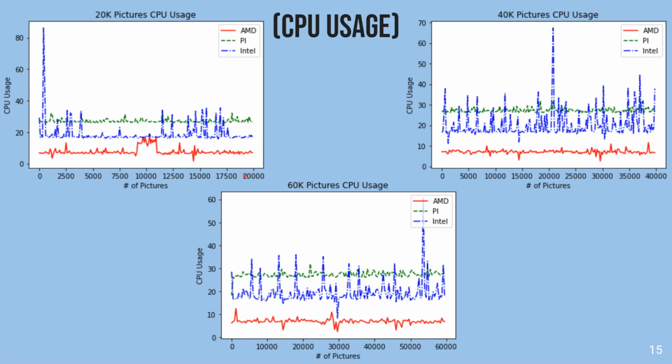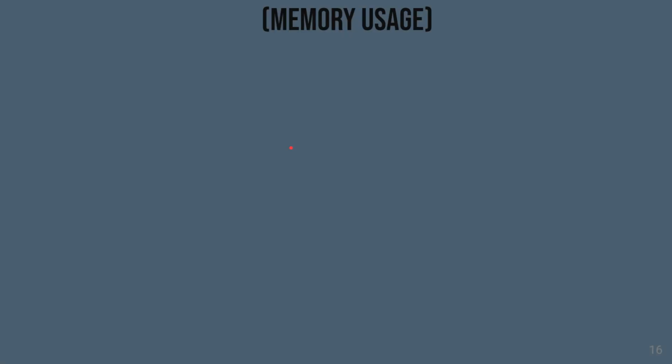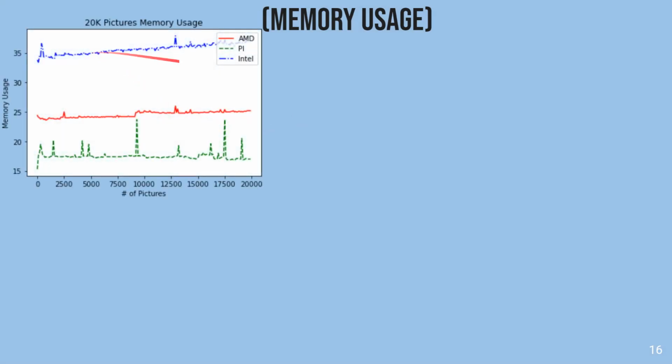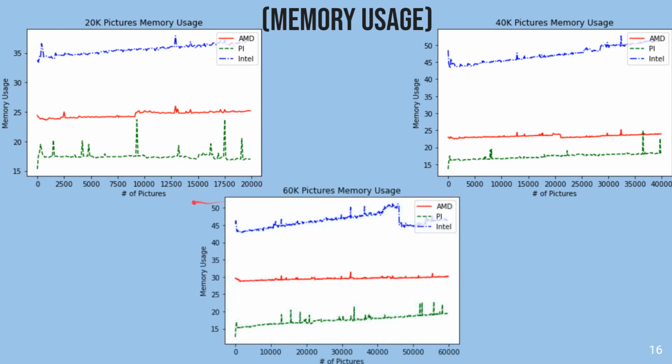And so now we go on to our memory usage, the 20,000, the 40,000, and the 60,000 again. Now we have the Raspberry Pi coming in lower this time, followed by AMD, and then followed by Intel. Again, for all three graphs, this is the same. We believe that the Raspberry Pi is the lowest because it has the least memory amongst these.